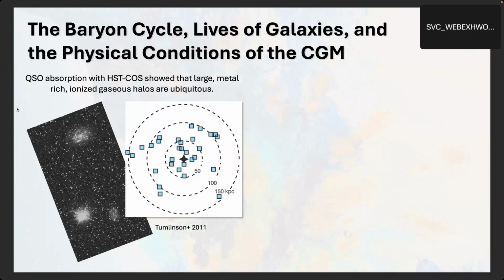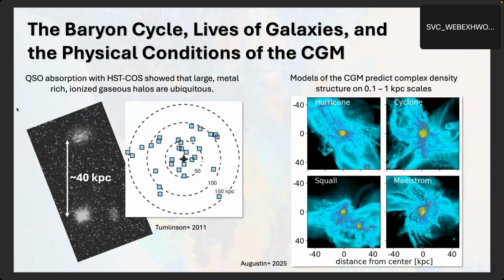What they showed is that these gaseous halos are ubiquitous, they're metal-rich, and they extend to hundreds of kiloparsecs from the galaxy disk. Since then, many others have found similar results. At the same time, we expect these halos to be multi-scale and multi-phase.